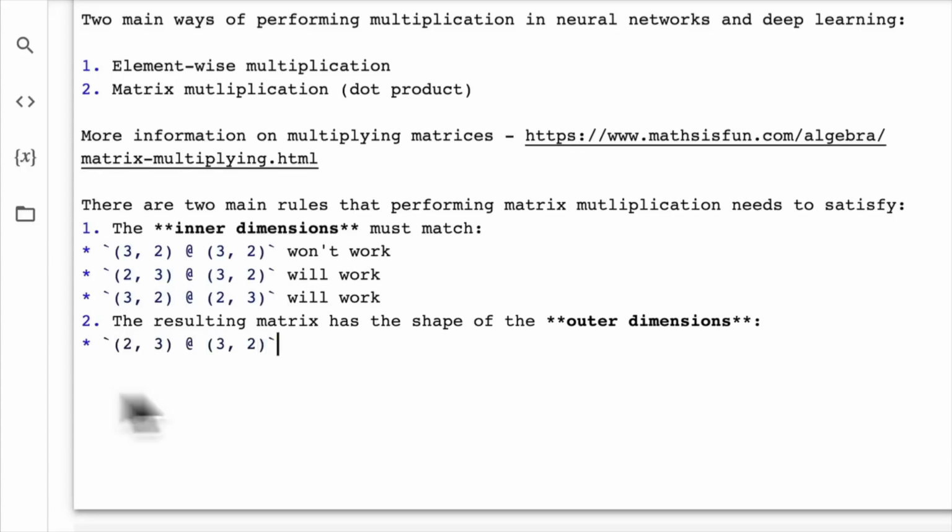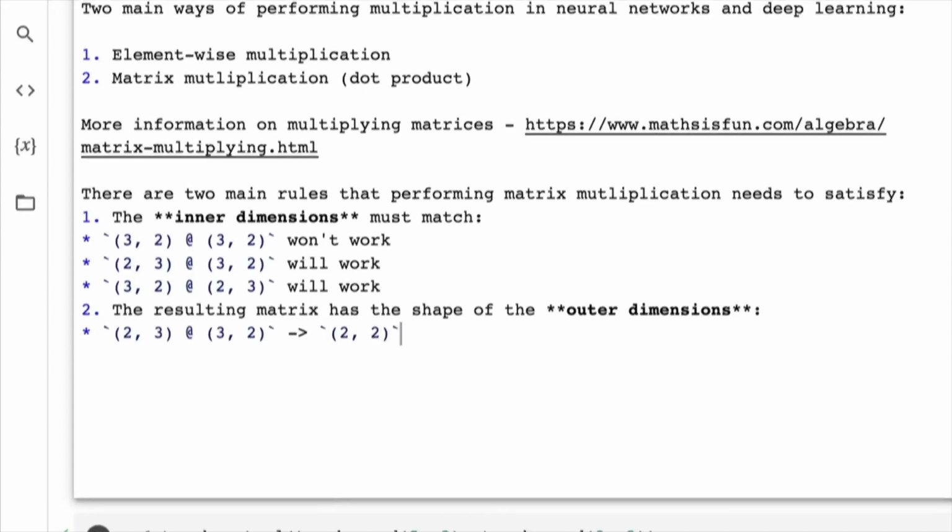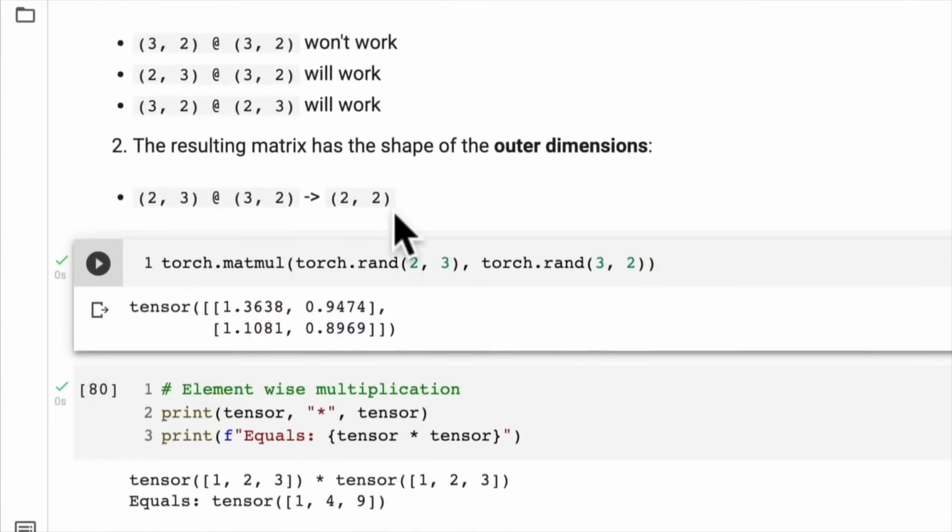So we have a matrix of shape 2, 3, matrix multiplied by a matrix of 3, 2. The inner dimensions match, so it works. The resulting shape is 2, 2, just as we've seen here. We've got a shape of 2, 2.